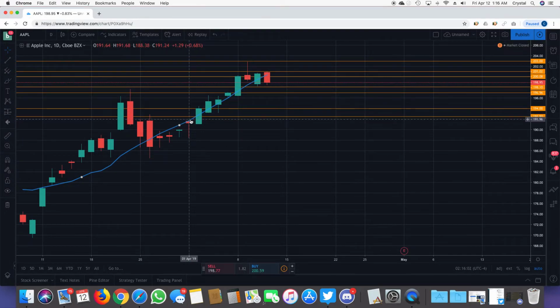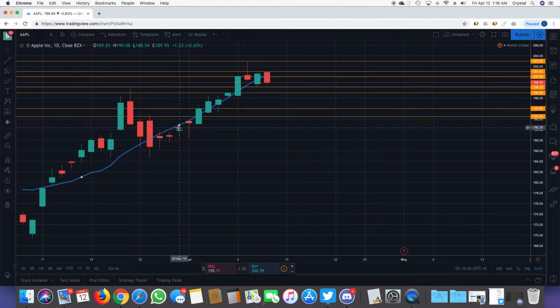So first of all, you need to know, is your stock in an uptrend or is it in a downtrend? And this median line for me on the center of gravity is a huge indicator of where the stock is headed, which direction it's headed in.